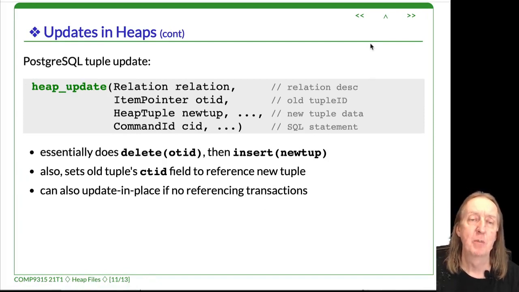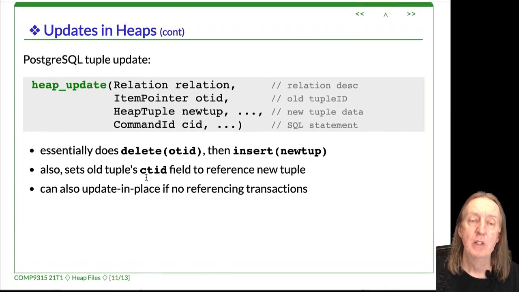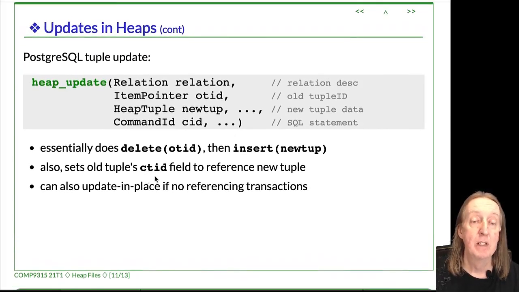Postgres has, surprise, surprise, a tuple update function. Once again, that's what we do once we've found a tuple that needs to be modified. What it essentially does is delete the old tuple and insert the new tuple. The other thing it needs to do is set the old tuple's pointer to its new version pointer, if you like, to reference the new tuple.